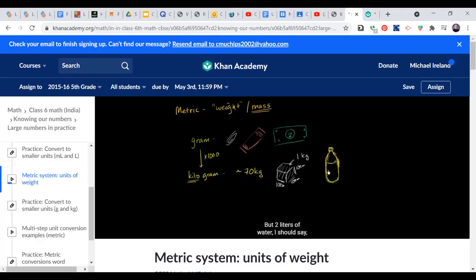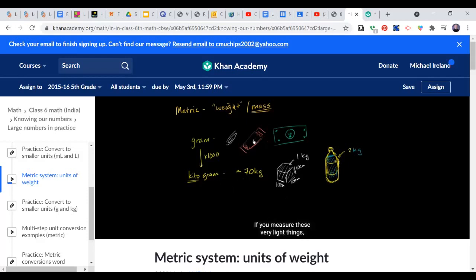But 2 liters of water are going to weigh exactly 2 kilograms, if we're just talking about the water itself, not the container. But if you want to get a rough sense for how much weight that is, that's going to be 2 kilograms. So if you're measuring human scale size things, reasonable size quantities of fluid objects around this scale, kilogram makes a lot more sense.